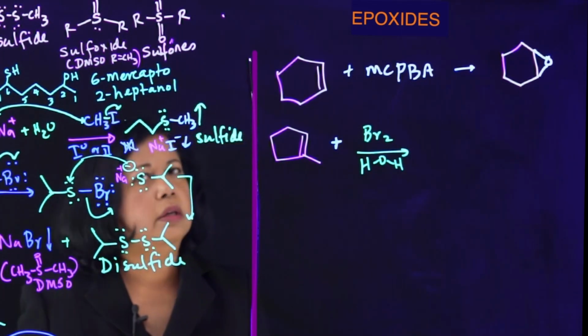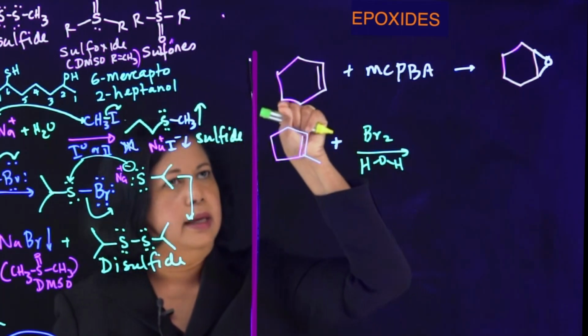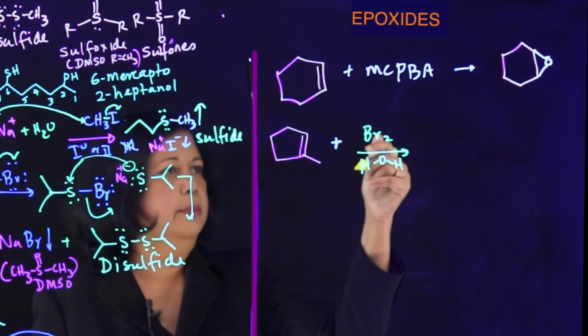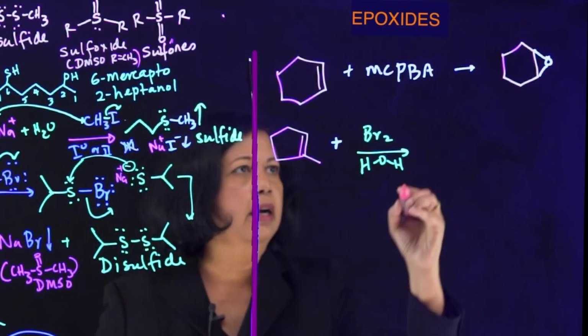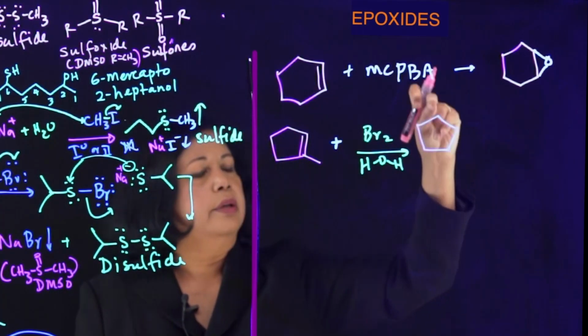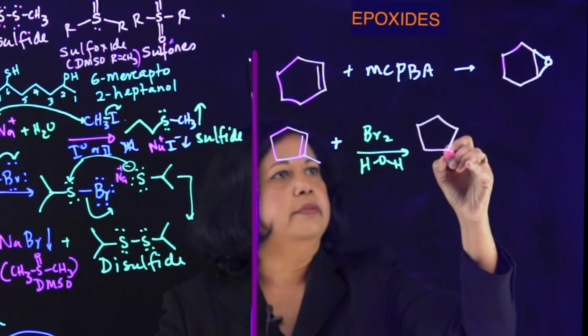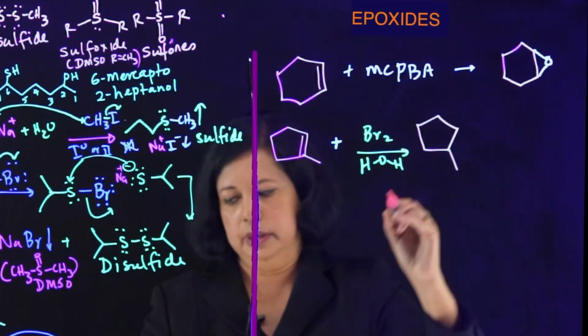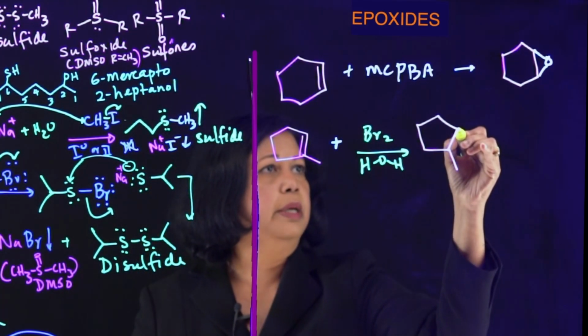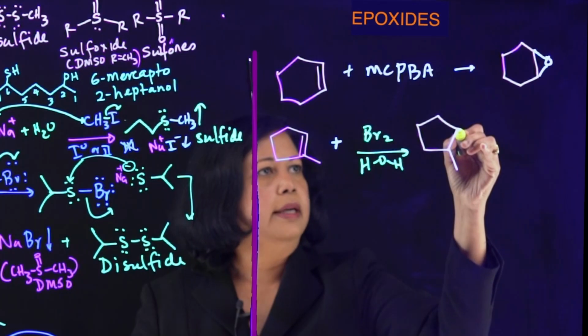So bromine water is going to add bromine up and down, and then the water is going to add to the more substituted position because it's Markovnikov, and it prefers to attack the tertiary because the leaving group will leave a more stable positive charge at that position. So here you're going to put a bromine, and I'm just going to put the bromine here, but it can be up or down.